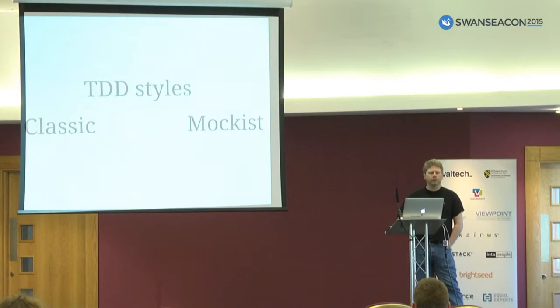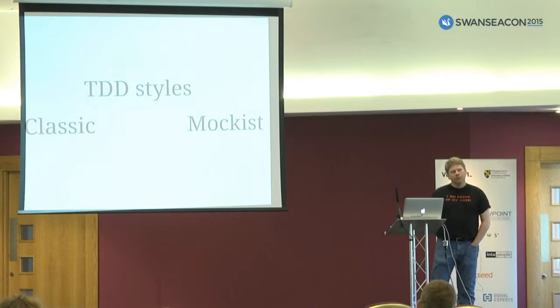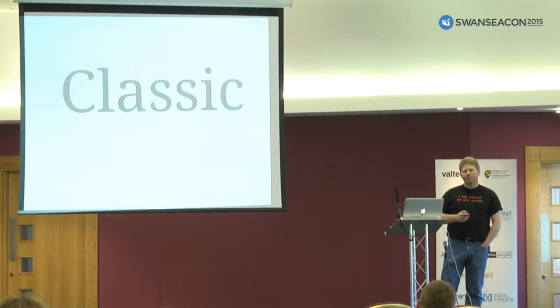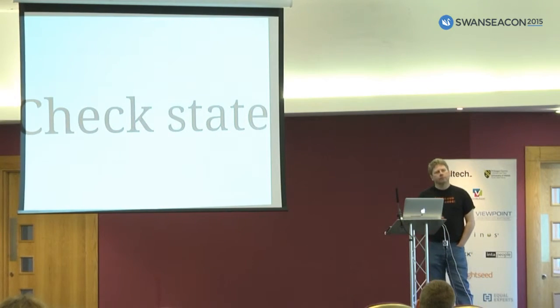And as we heard yesterday, there are two main flavors. We have the Classic and the Mockist version, or the Chicago, Detroit school and London school. They are different in the way that the Classic one is interested in checking the state.